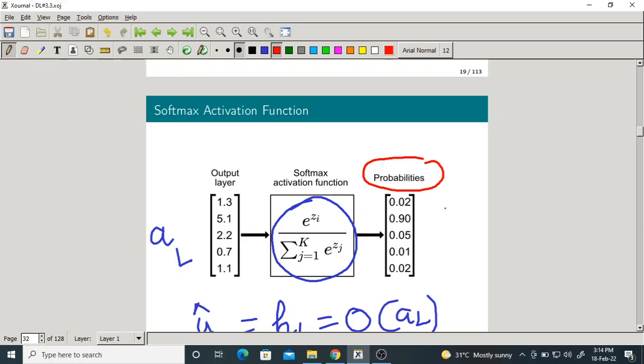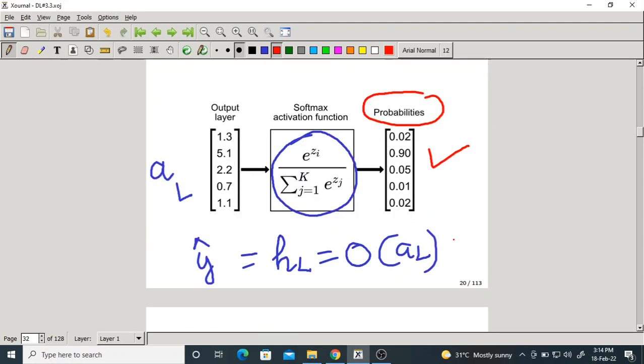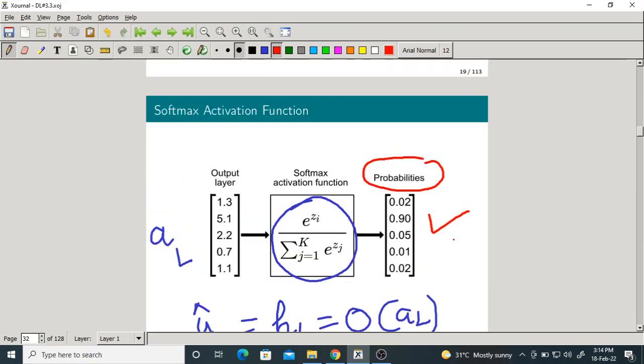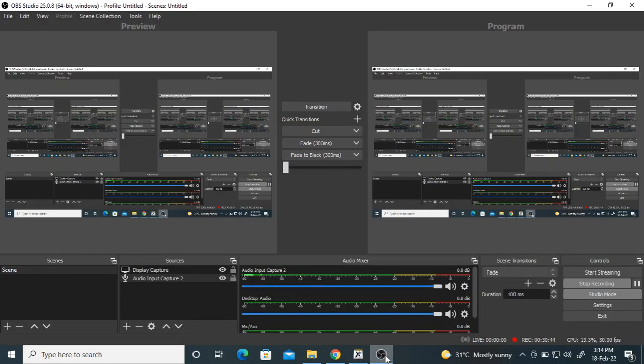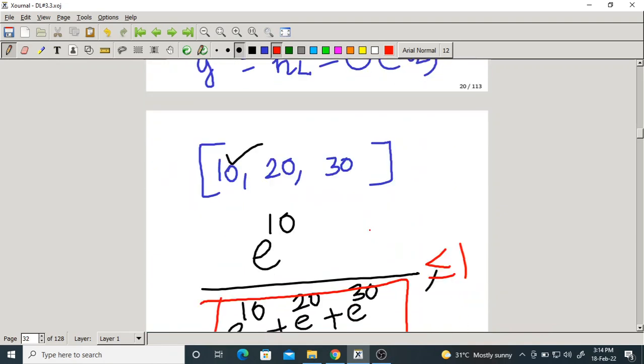It is a predicted probability distribution obtained by using the softmax function. It is defined like this, or in the best way you could write it like this.